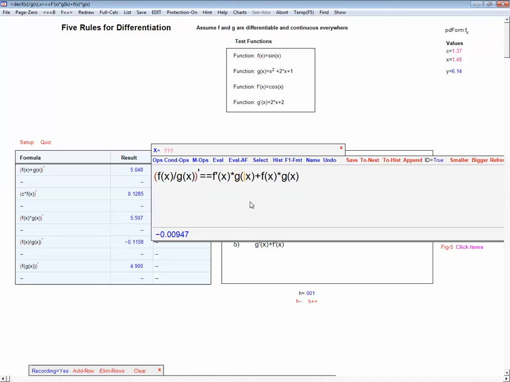We prime the f, we prime the g, and notice down here, we're not there yet. We've got to make two additional changes to our product rule form. The first change is to change that plus to a minus. And the second change is to divide everything by what? By f or by g? Well, by g, but not only by g, but by g squared. And there we have the 1. So that's the quotient rule.